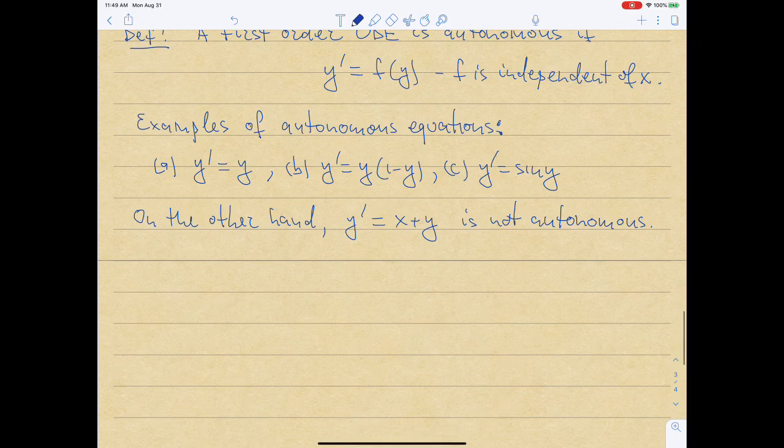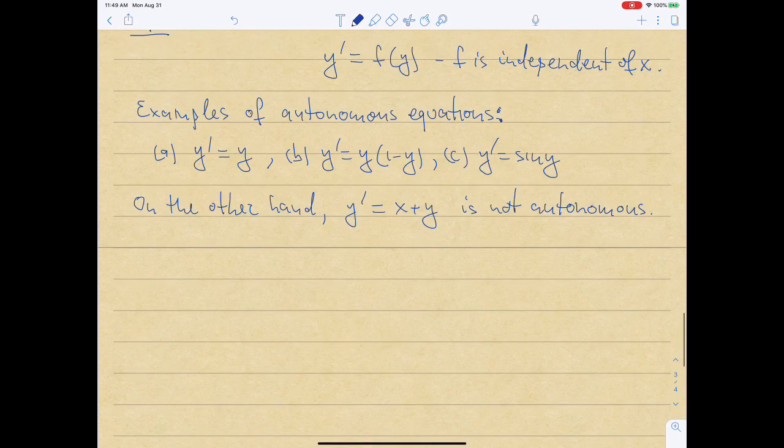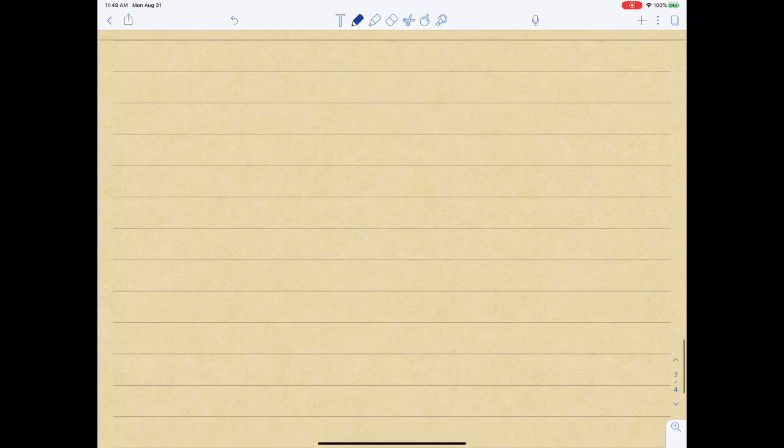Okay, so let's try to analyze an autonomous equation.